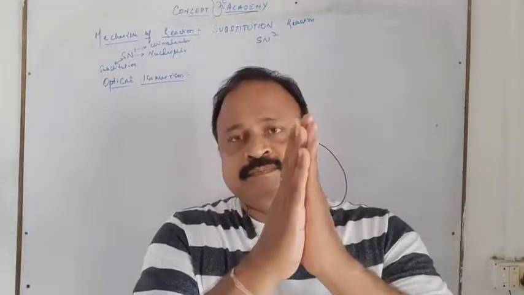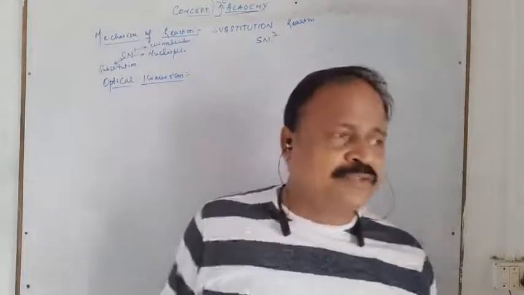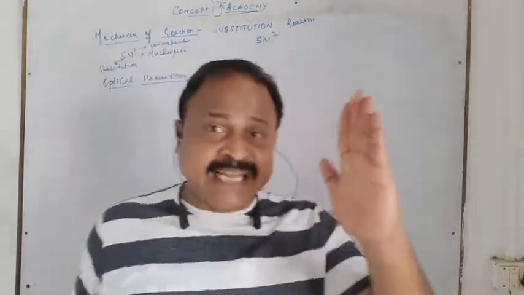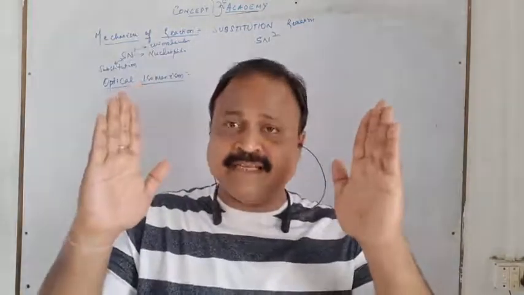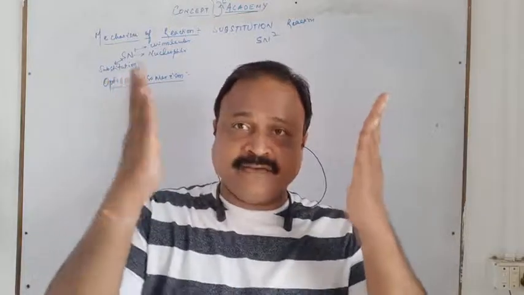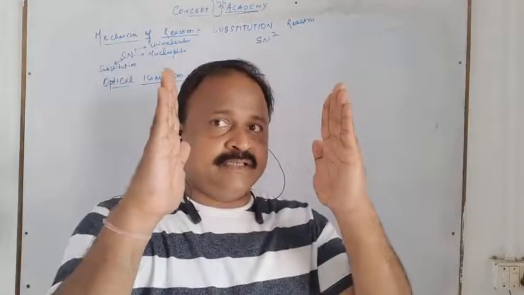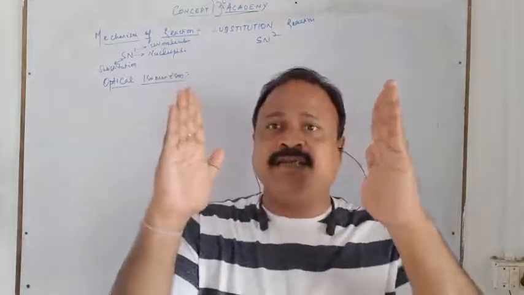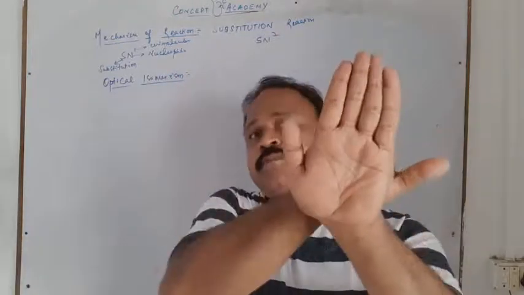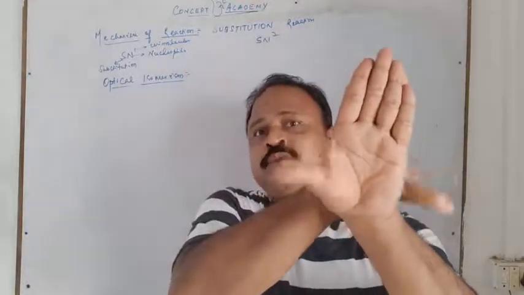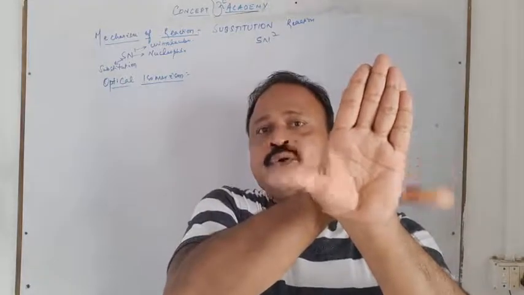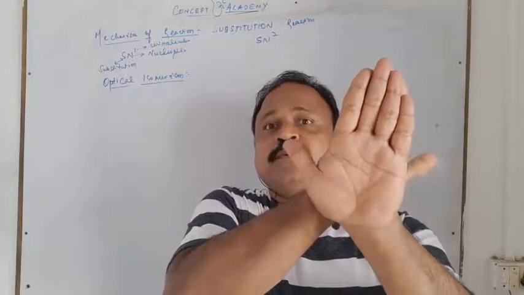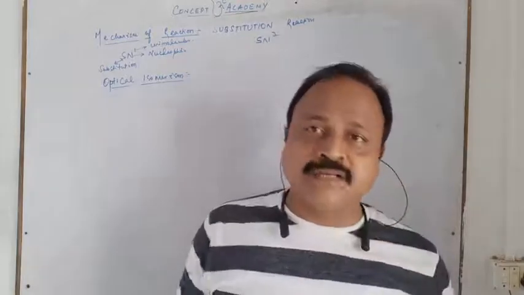Okay, but what happens, you see, if I take this hand and this hand, these are mirror images. If I take them separately and I superimpose them, then do they superimpose? No. This is known as optical isomerism.